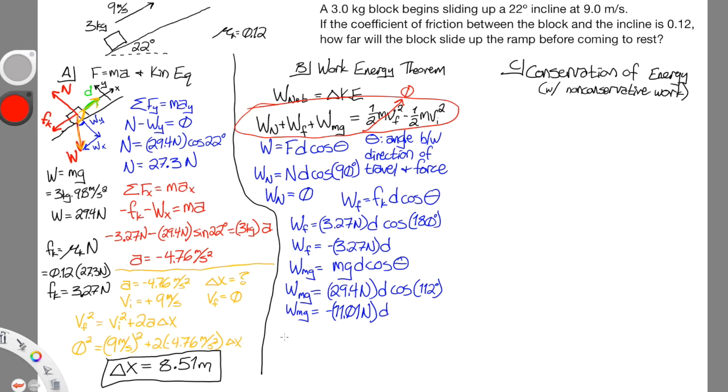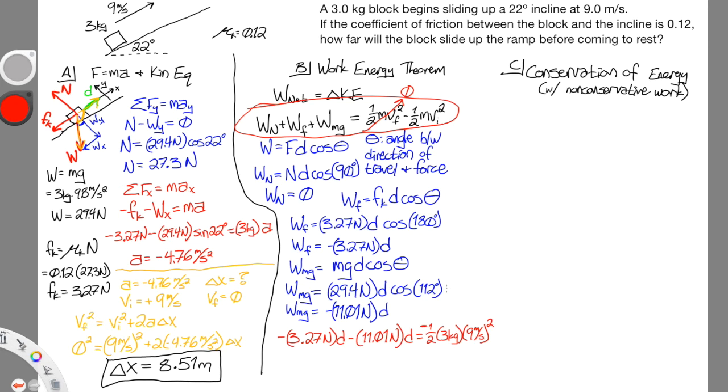The work done by friction, I'll keep my units, 3.27 newtons times D. The work done by gravity is -11.01 newtons times D, equals 1/2 times the mass, 3 kilograms, times the initial velocity squared, so 9 meters per second, that whole quantity squared, and we had minus the initial kinetic energy, so we need a negative on that side. I lost that from before.